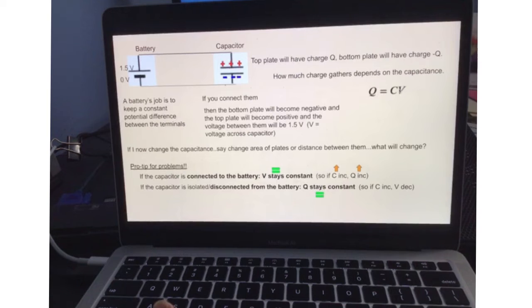Looking at this equation again, if Q stays constant and my capacitance increases, then my V will have to decrease. Okay, cool. You should go try it with the PhET and verify these. I think playing with that PhET can be very useful in terms of getting your intuition going.